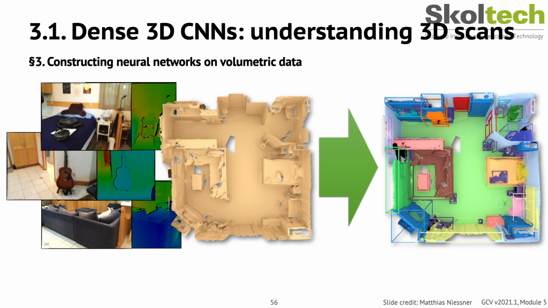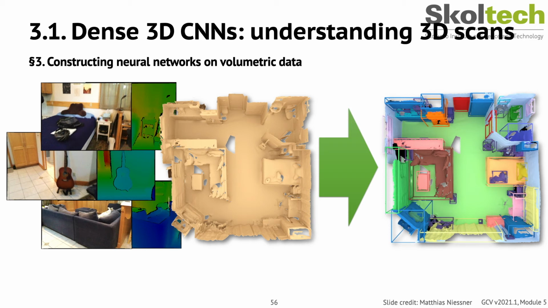And this has been done previously. Much of the 3D CNN work is focused on understanding 3D scans, for example semantic segmentation, where you have a bunch of images that are used to reconstruct a scene. For example, in this case it is a scene of an apartment that is represented by an occupancy map.